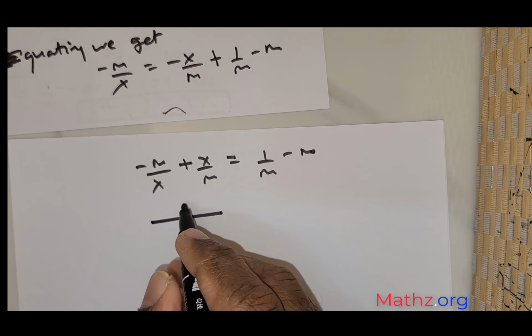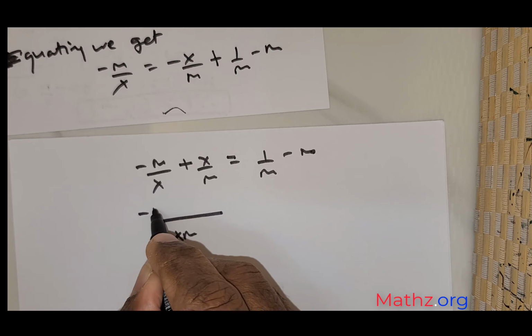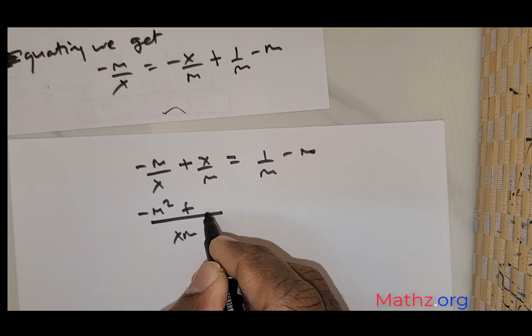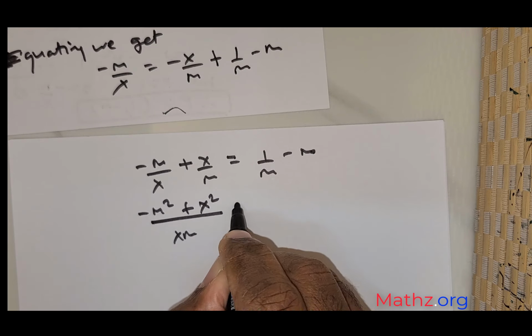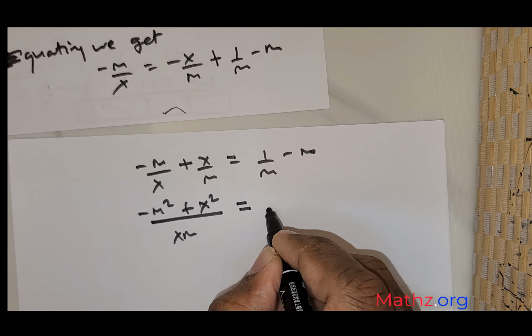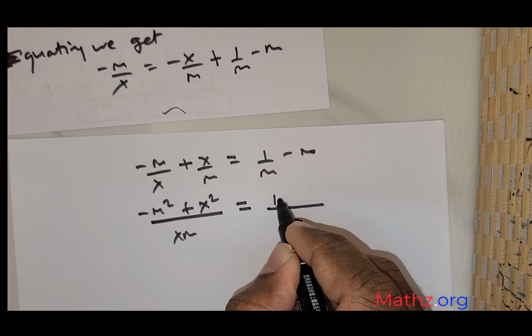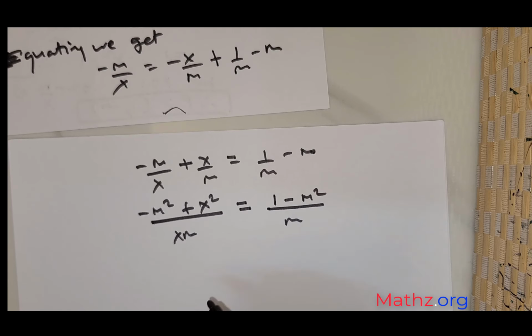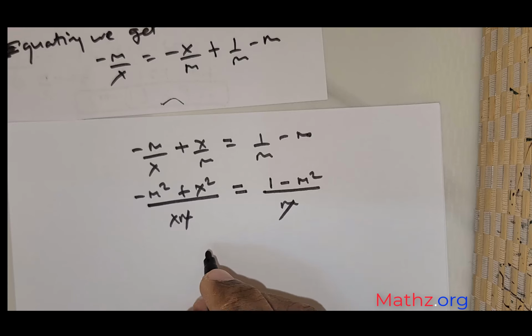So I would take the LCM as xm. Over here I would get -m squared. Over here I would get x squared is equal to, I can take m to be as the LCM. That's going to be 1 negative m squared, and the m and m can be cancelled.